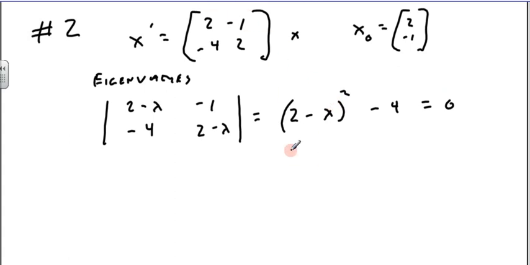And I see that that's going to come down to lambda times (lambda minus 4) is 0, and my eigenvalues are 0 and 4.